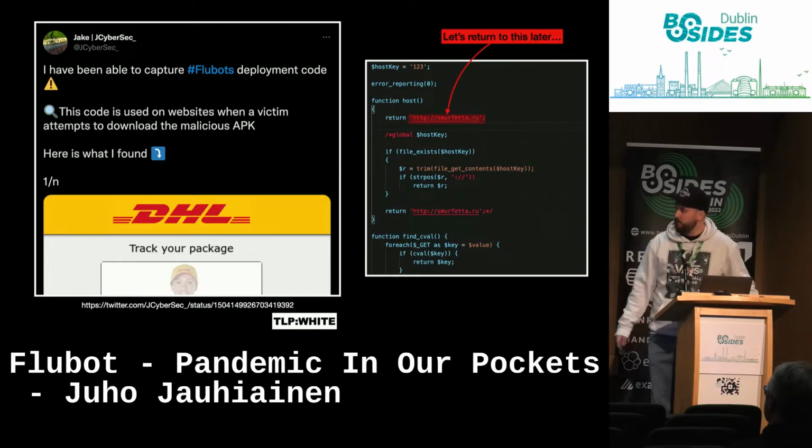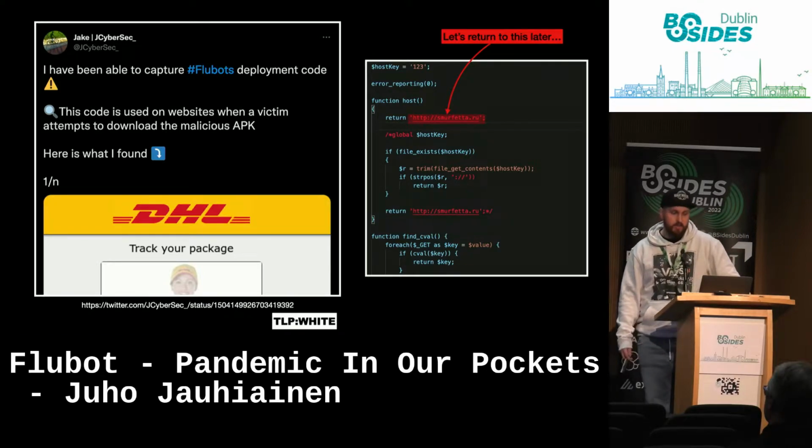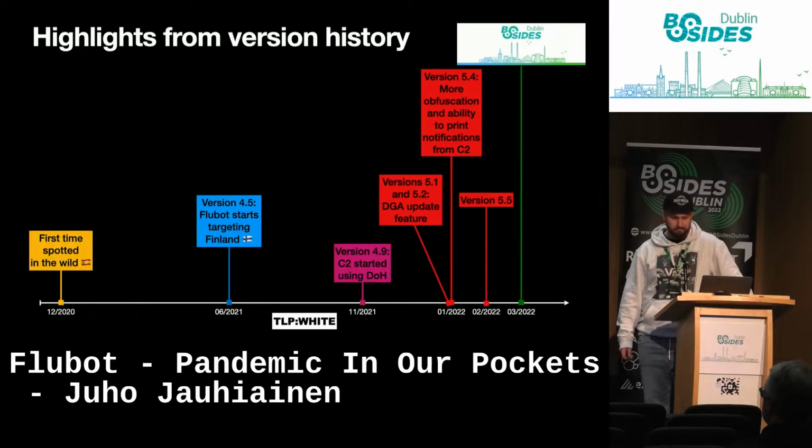But if you are interested in the index.php, which was dumped by this Twitter user, there is a pretty good Twitter thread about what is contained in the code and what it does. So go and take a look as well. You can find the sample from VirusTotal.